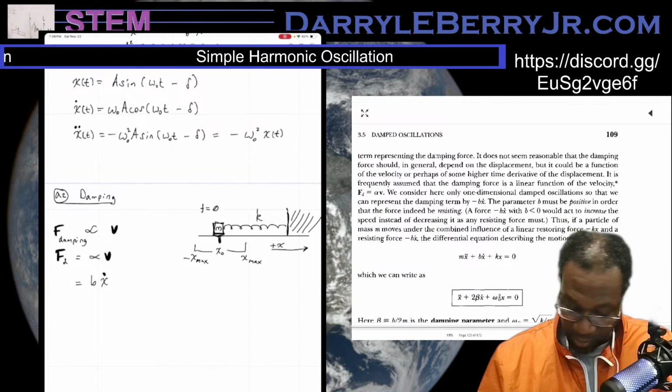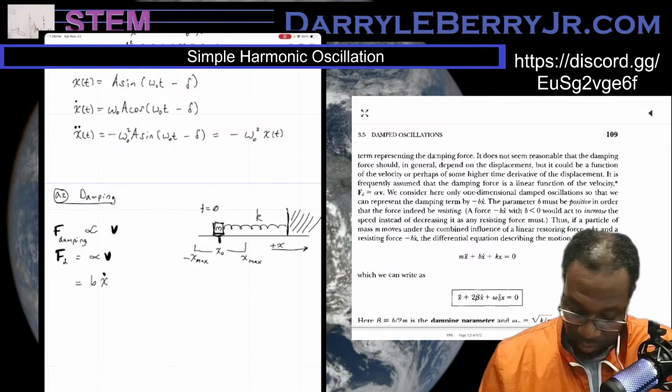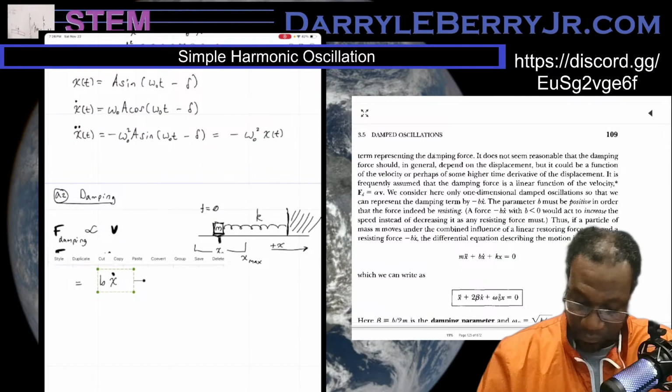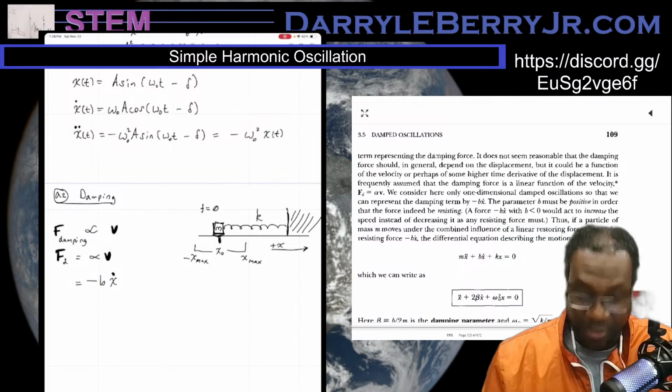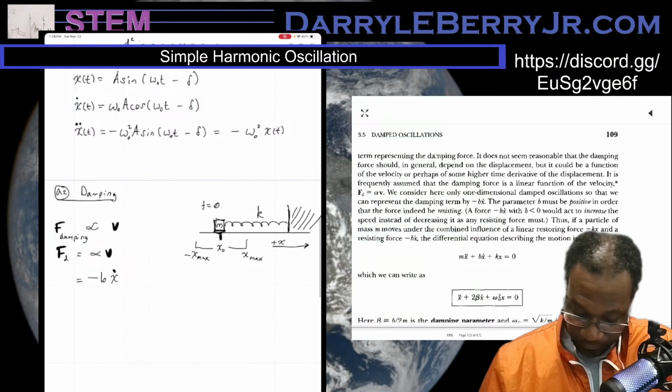And we know that the damping will oppose the motion of the object, so it'll also be negative.